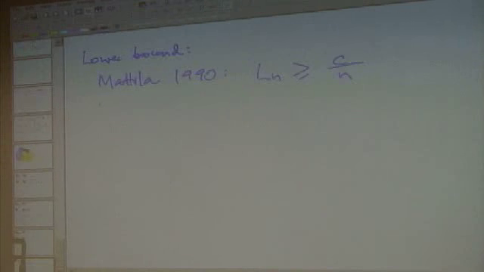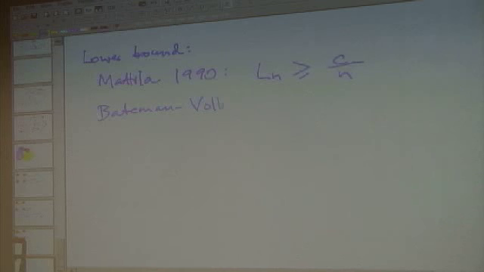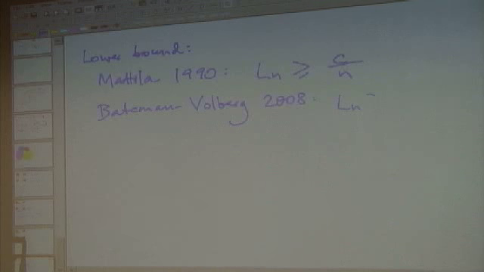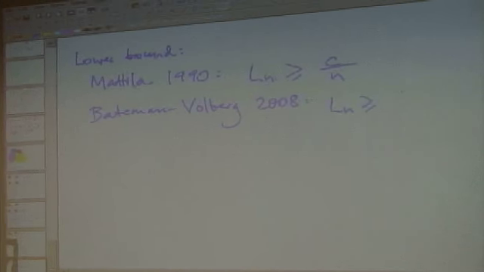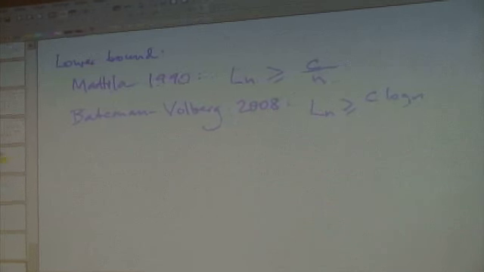In the specific case of the four-corner set, there's a better bound due to Bateman and Volberg. And that was last year, 2008. They proved that Ln is greater than C log n over n.